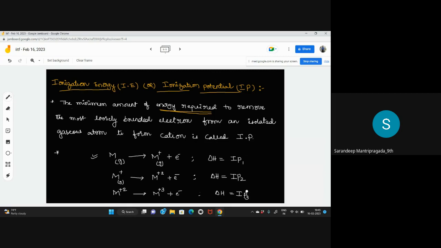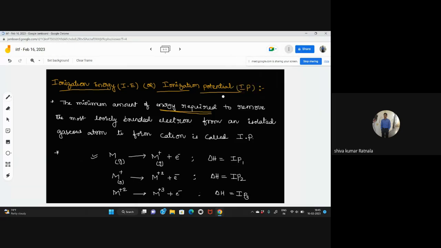More amount of energy is required, double, triple.